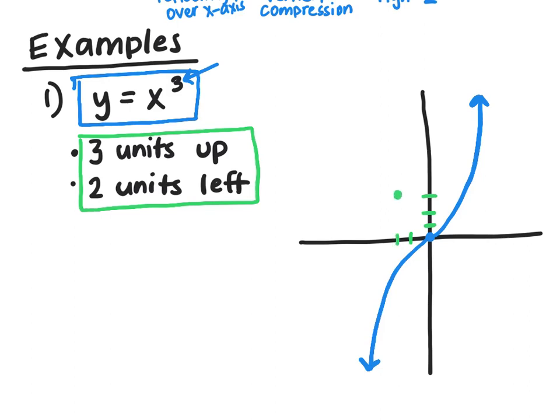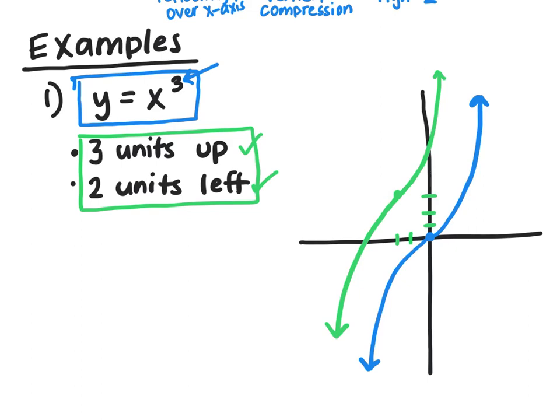It didn't reflect or anything, so I know those are my only 2 transformations. I can now redraw my parent function like this. If you want to take a moment to re-watch that, y'all, you are more than welcome to.